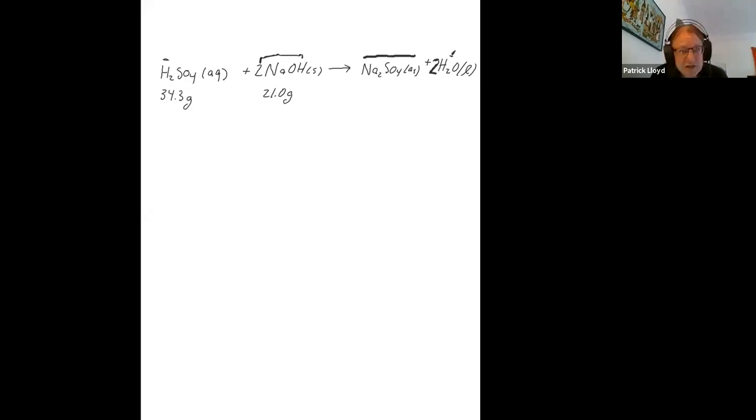Now let's do the oxygen. 4 oxygens here, another 2 here, so that's 6. You've got 4 here and another 2 there, so that's 6. So the oxygen is done. It's actually not so bad. As long as you do the sulfur and the sodium first and leave the hydrogen and oxygen till after, it's relatively simple. Pretty simple equation, actually.